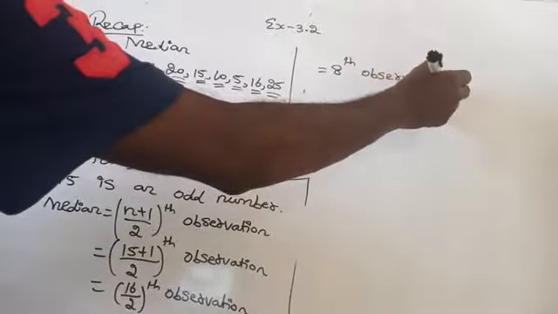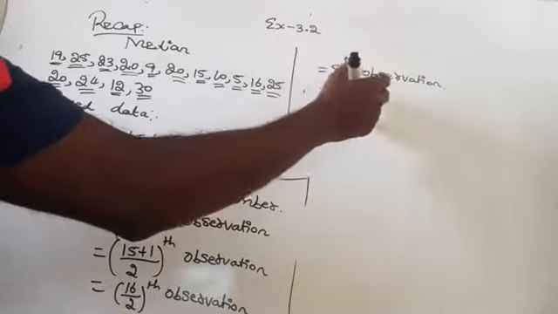So 1, 2, 3, 4, 5, 6, 7, 8. That is 20. Median is 20.